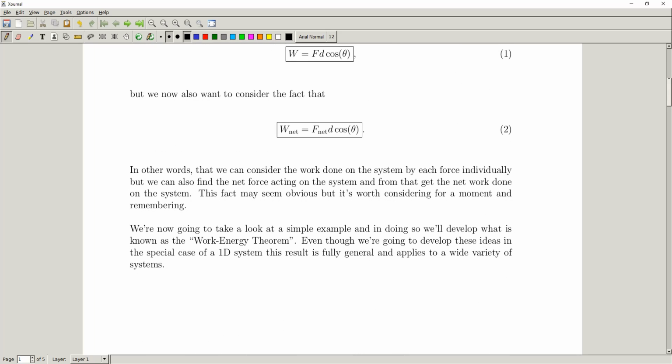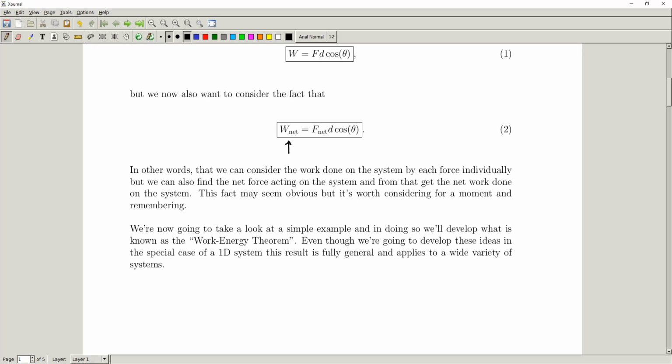So we can look at any one individual force, and we can get the work done by that force. But we can also look at the net force applied to a system. So we can look at all the forces put together applied to that system, and from that we can get the net work done on that system.